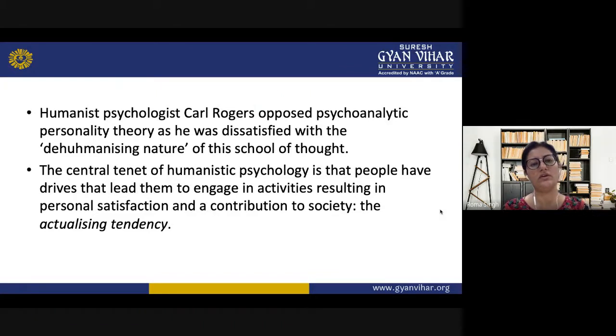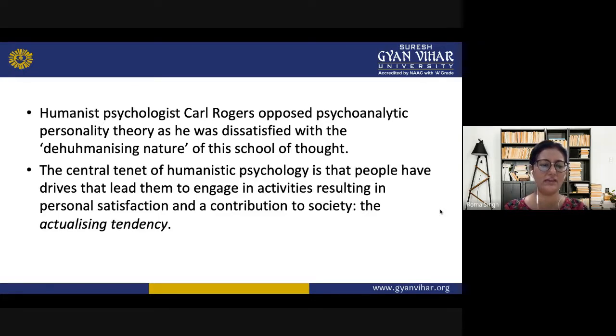Humanist psychologist Carl Rogers opposed the psychoanalytic personality theory as he was dissatisfied with the dehumanizing nature of this school of thought. The central tenet of humanistic psychology is that people have drives that lead them to engage in activities resulting in personal satisfaction and a contribution to society.